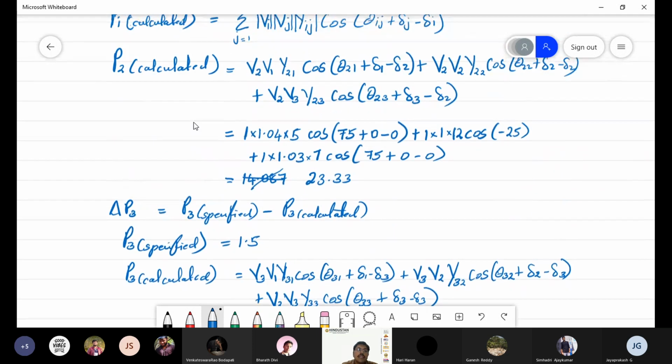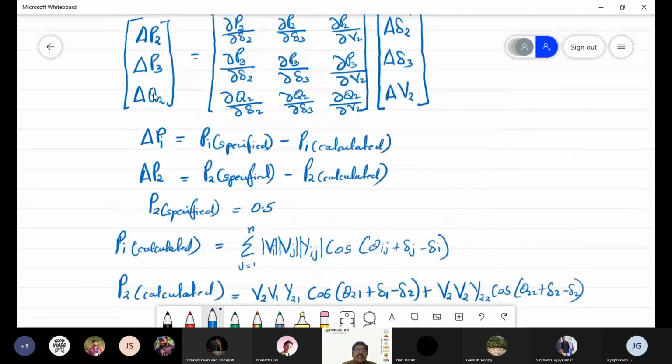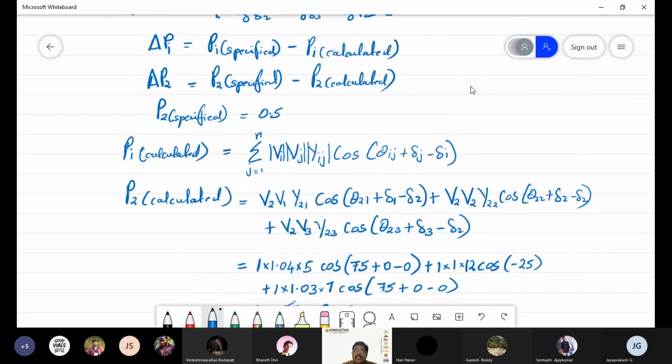So as per the Jacobian matrix we need to find all the values. Now we are finding the left hand side, so the change in Q we need to find.